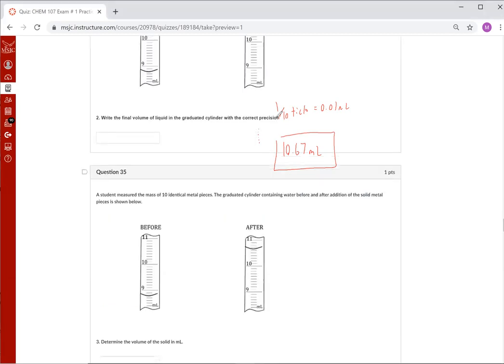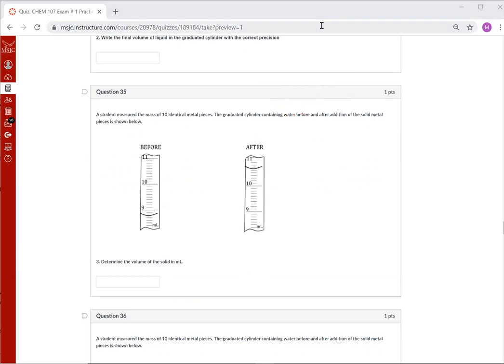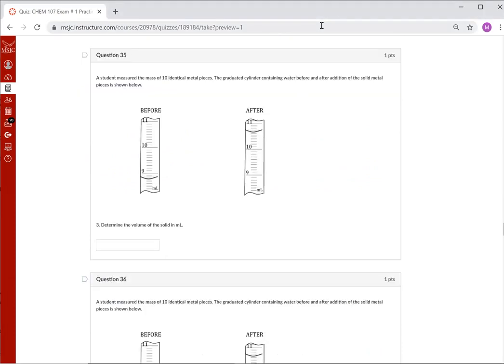Continuing on, now that we have our initial volume of 8.80 milliliters and our final volume of 10.67 milliliters, we know that the volume of solid is equal to V final minus V initial, in other words, 10.67 minus 8.80.